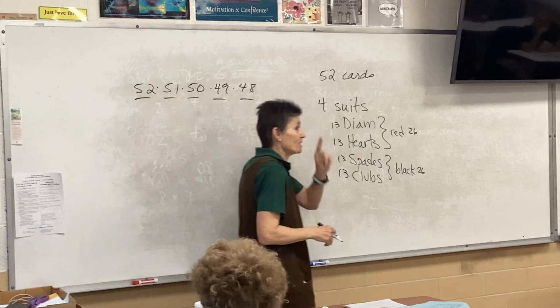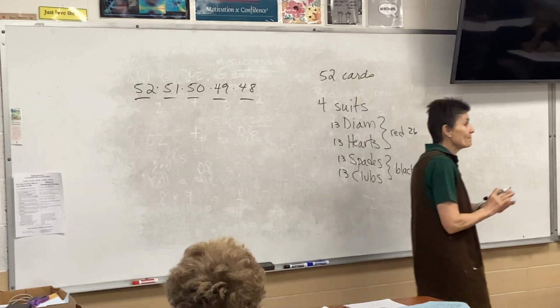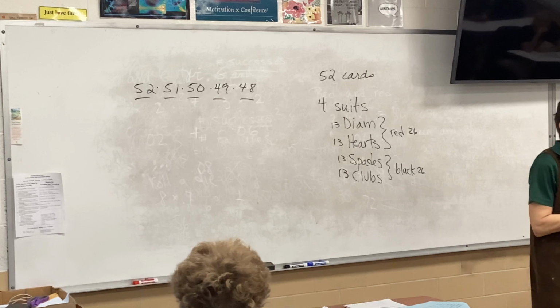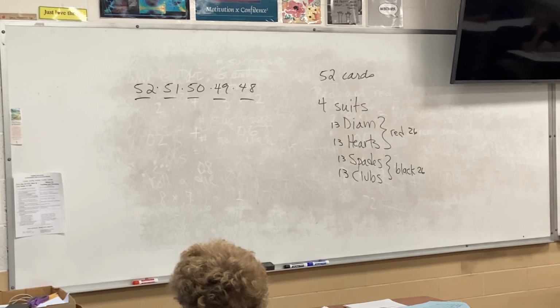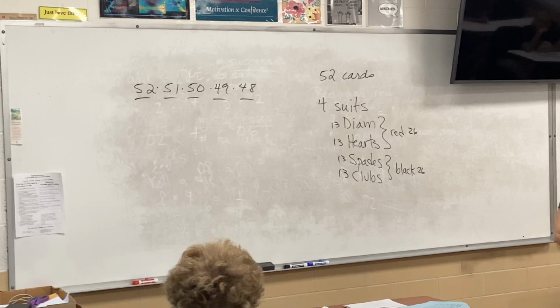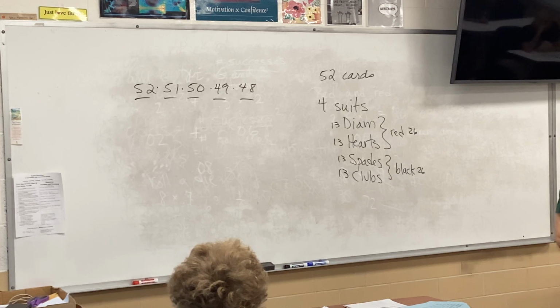But here's what I want you to think about. When I am giving him a 5-card hand, and again, we're not playing any weird game, I am not a card player. When I deal him a hand of cards, I'm going to give him 5 cards. Does the order I deal him the cards matter? No. What matters is those are the 5 he ends up with in his hand.